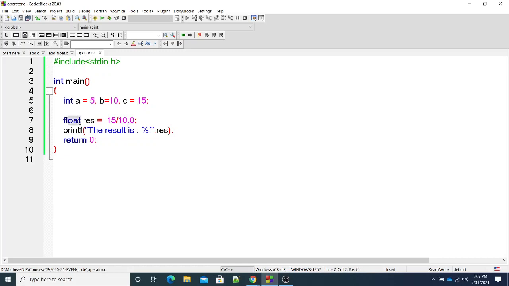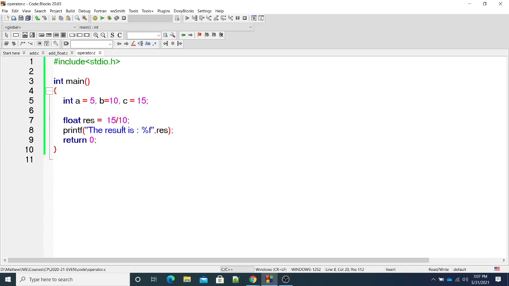No, that is a different story again. Here, let's focus only on the RHS. Let's ignore that. What is the type there? Now, are you able to recognize this difference? 15 by 10 is 1 because both operands on the RHS are integer type. The result has to be an integer.